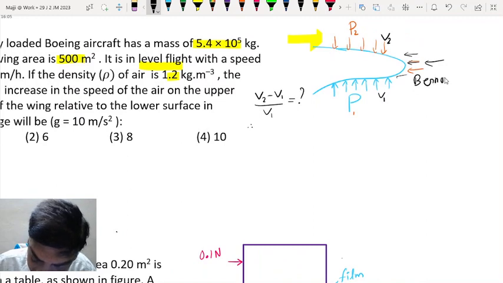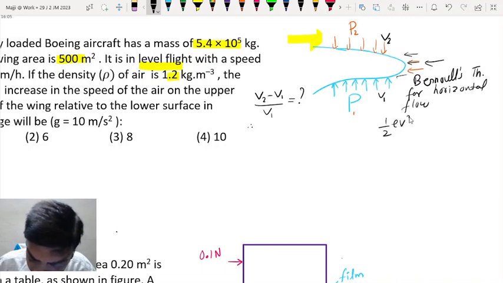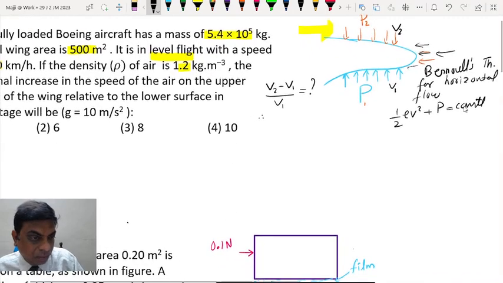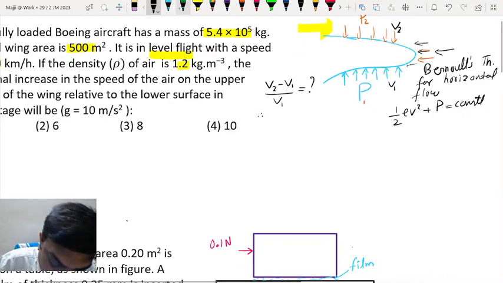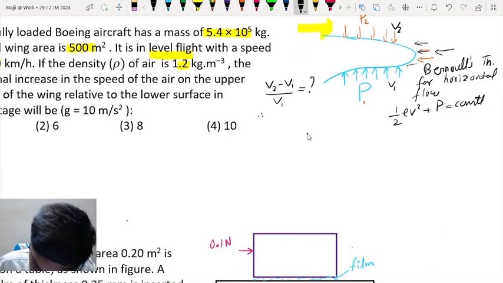Bernoulli's theorem for horizontal flow is this: half rho v square plus p is equal to constant. This is Bernoulli's theorem for horizontal flow.